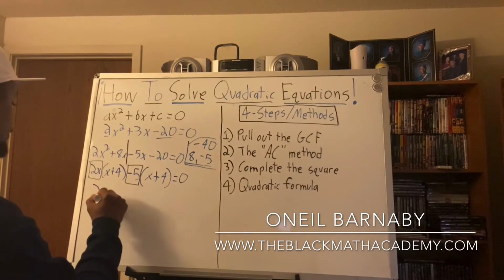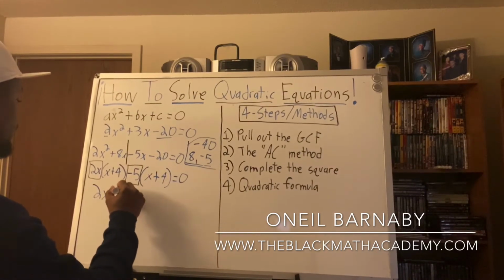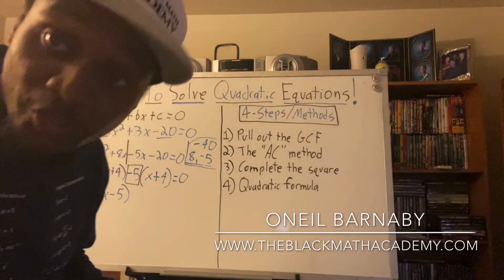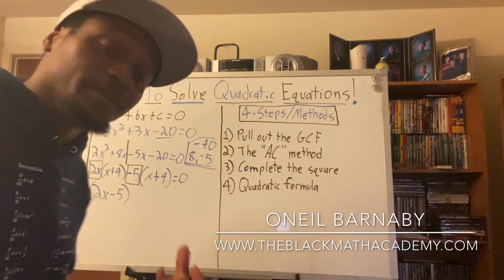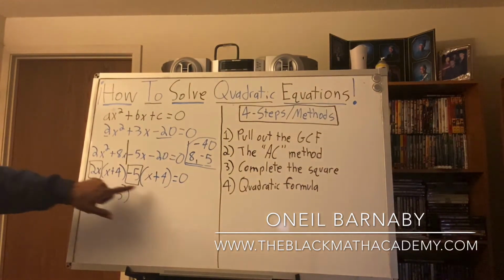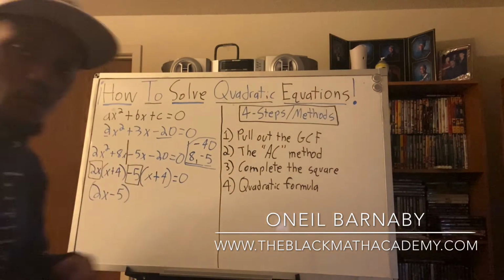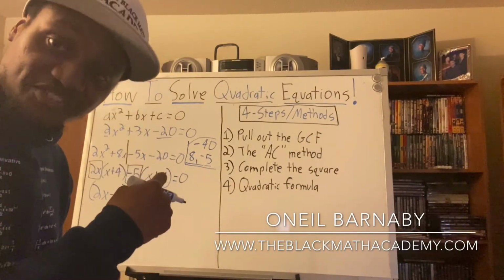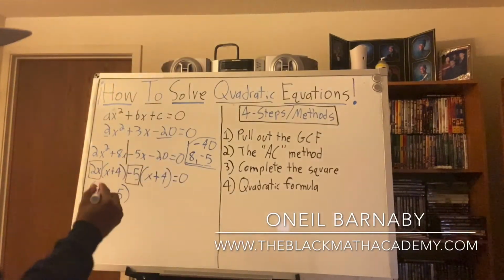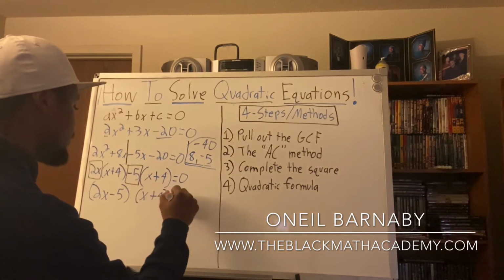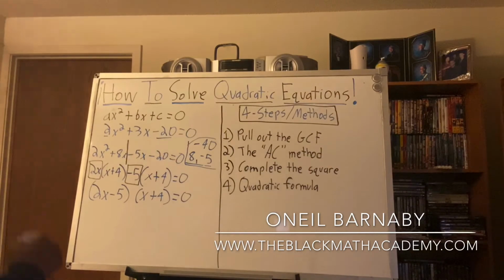So 2x minus 5 is one particular parentheses. The other binomial will be the other one, the x plus 4. Even though it's on both sides of the expression, we only want one of them. So we're going to create another binomial that says exactly that, x plus 4, still equaling 0.